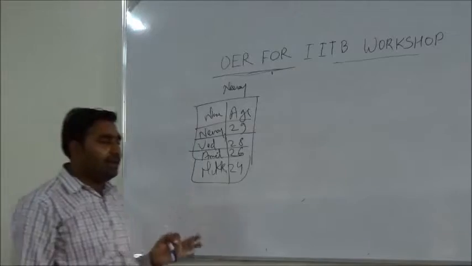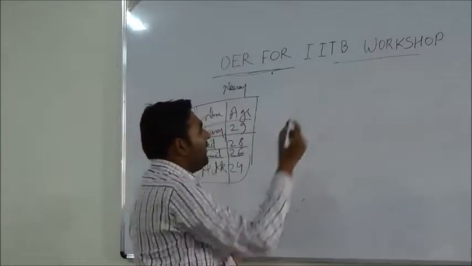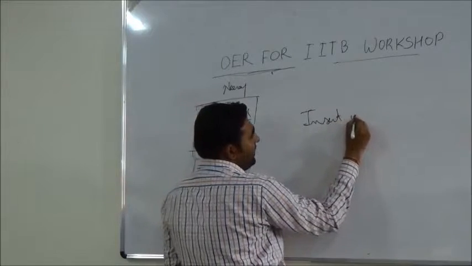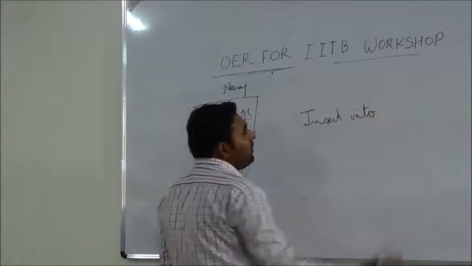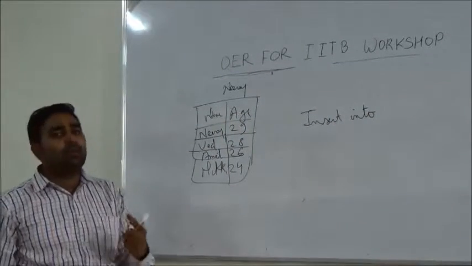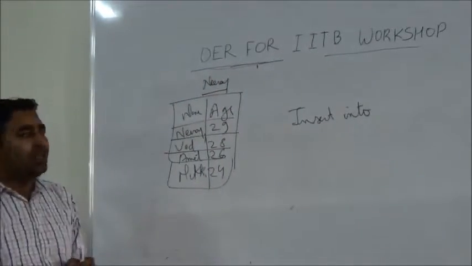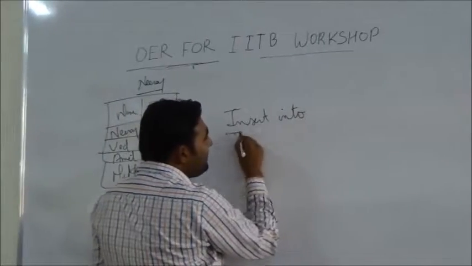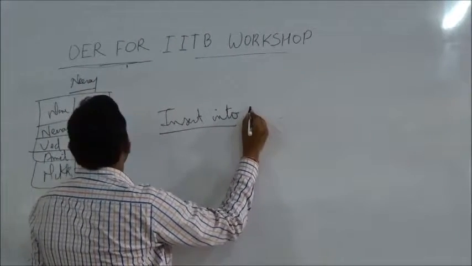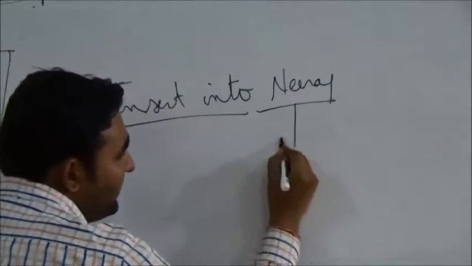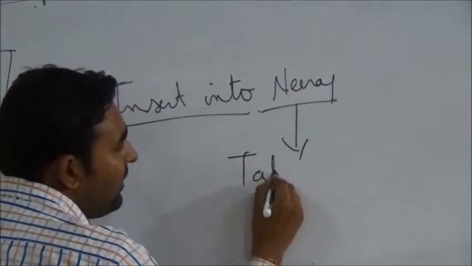For inserting data in tables, we have the query insert into. In which table do we have to insert the values? We have to insert the values in the table Neeraj. So we specify insert into table name, and our table name is Neeraj.